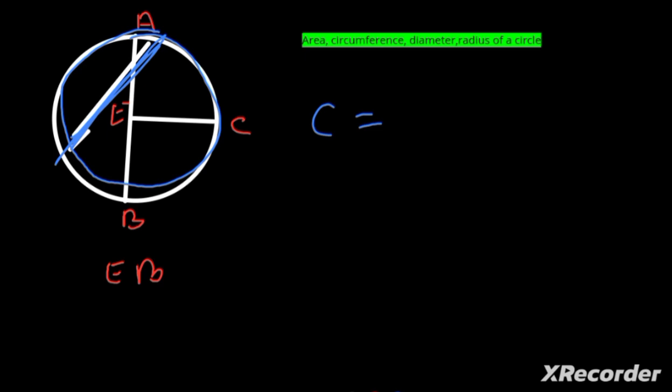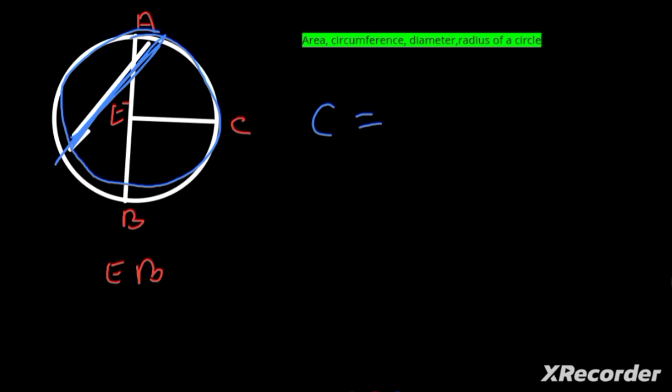So this is why AB is the diameter. So we can also say that diameter is not a new term. It is only a type of chord, which is the longer one, the longest.